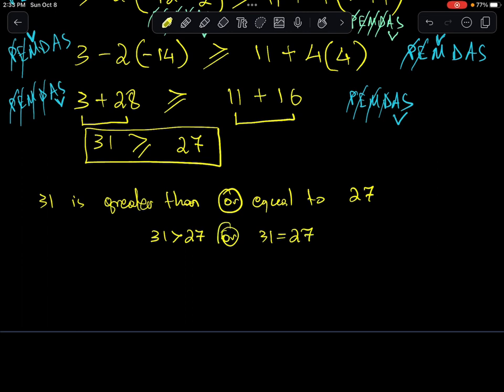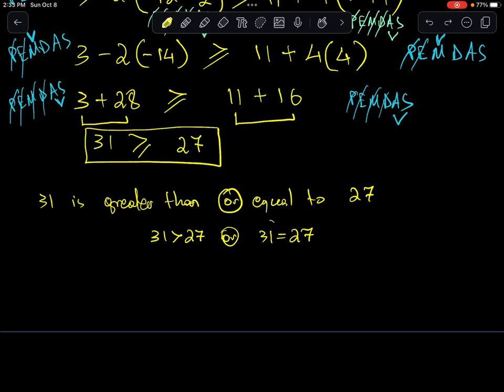Now, when it comes to the mathematical or, the statement is true if at least one of the parts that relates are true. If at least one of them is true, then the whole thing is considered as a true statement. If none of them is true, then it's considered as a false statement.